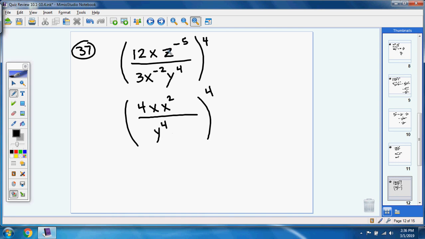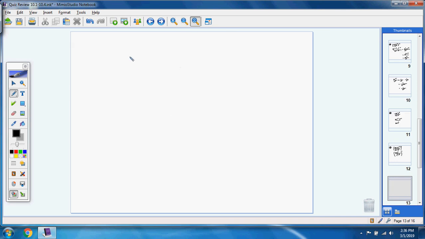And then the z, I don't want it with a negative exponent, so I'm going to change its location, and that's going to go to the denominator. So a little bit of cleanup, x and x squared, that's really x cubed. So I now have 4x cubed over y to the fourth power, z to the fifth power, and then a big power of 4.